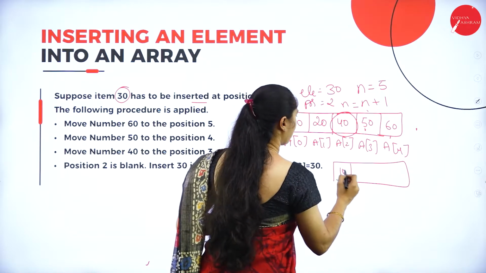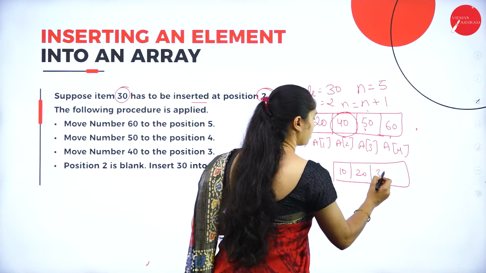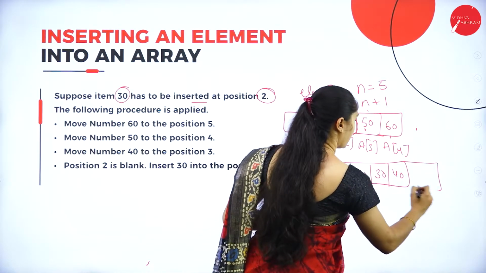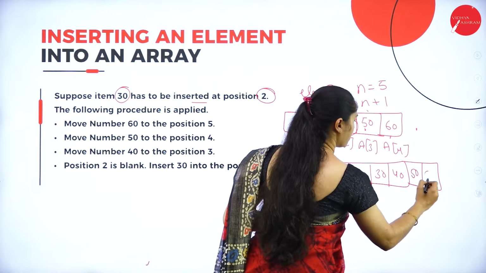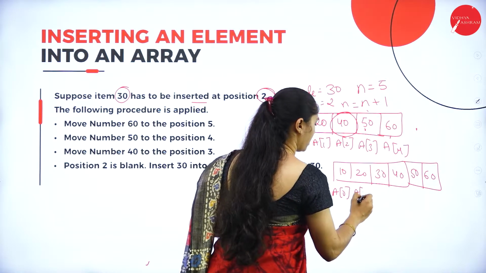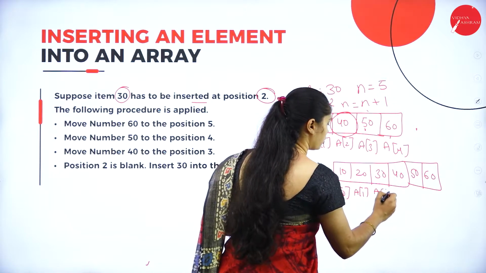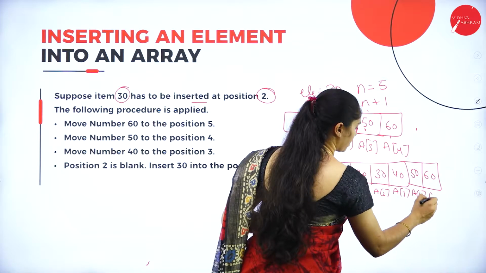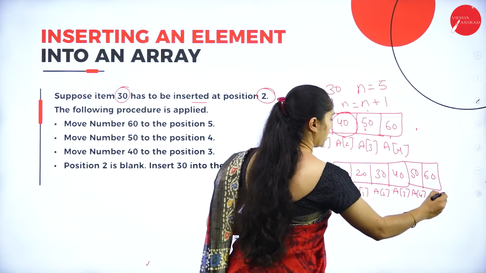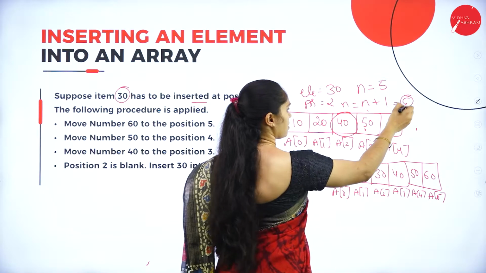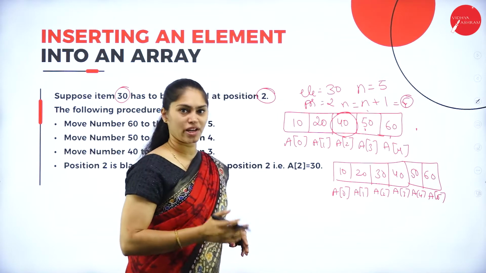Let me consider 10, 20 and 30 coming to the specified position, then 40, 50 and 60. So now the locations will be A of 0, A of 1, A of 2, A of 3, A of 4 and A of 5. Initially it was 5 elements, now it becomes 6 elements. This is how insertion is going to take place.